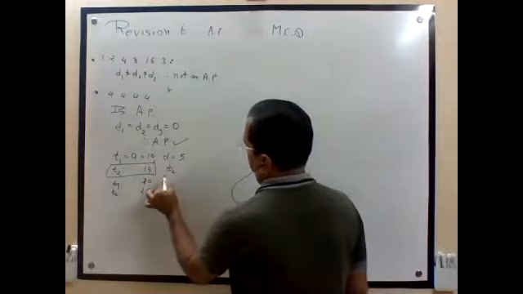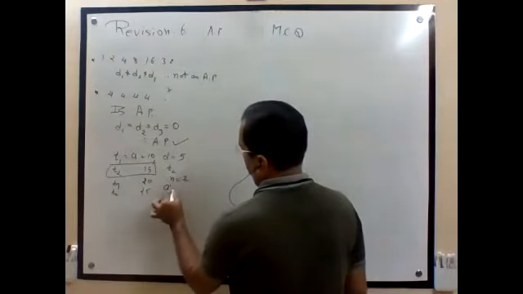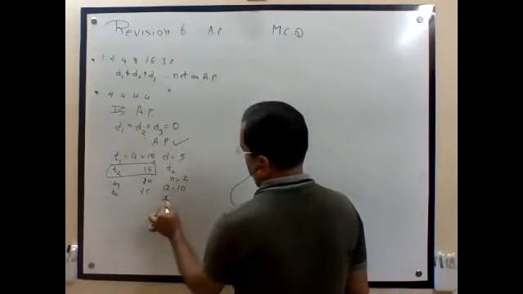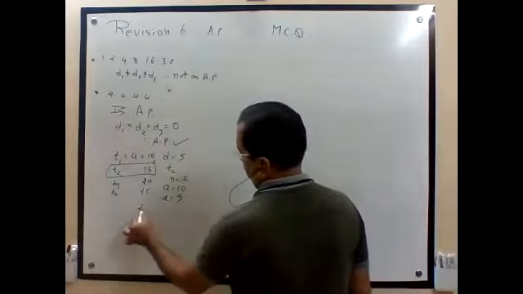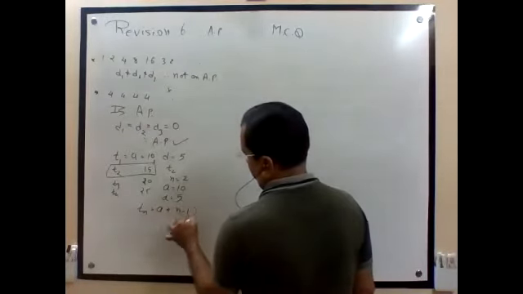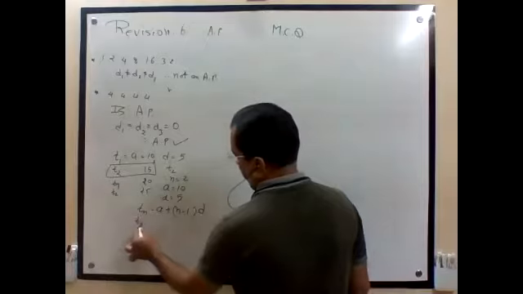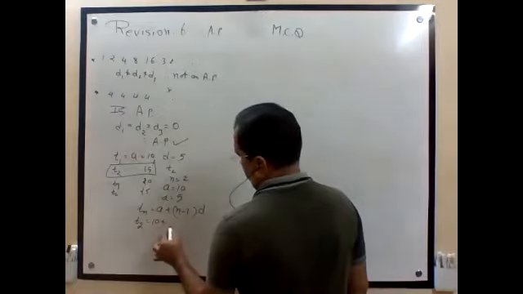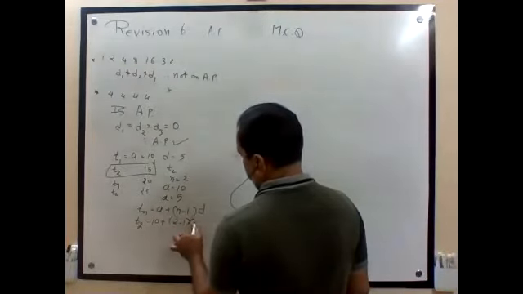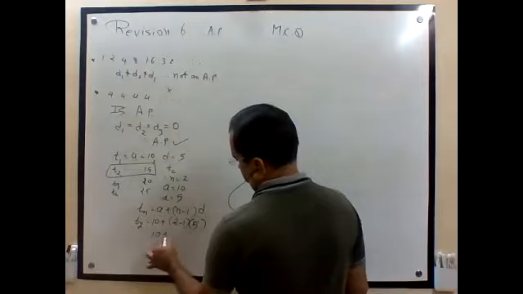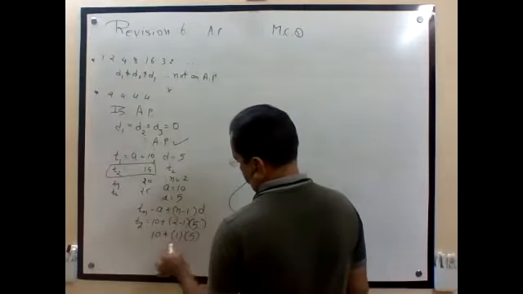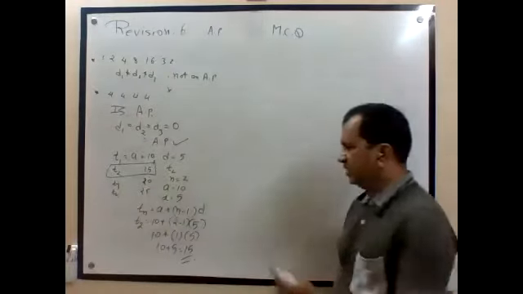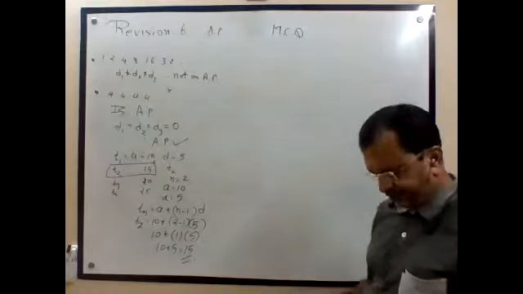Otherwise, for T2, N is equal to 2, A is equal to 10, difference is equal to 5, Tn is equal to A plus n minus 1 D. So T2 is equal to A, that is 10, plus... this way or this way you can find.